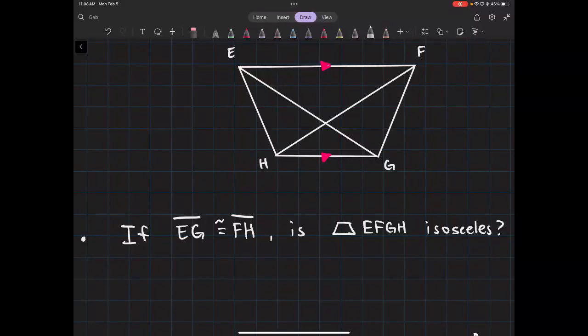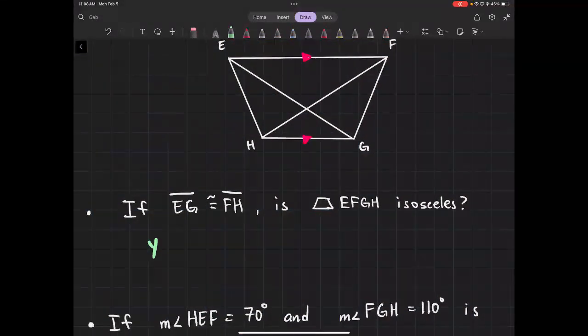Can you tell me what they gave you right here? Those two segments are congruent, but what are those two segments? Diagonals. So if they say these two are congruent, is it safe to say it's an isosceles trapezoid? Yes.